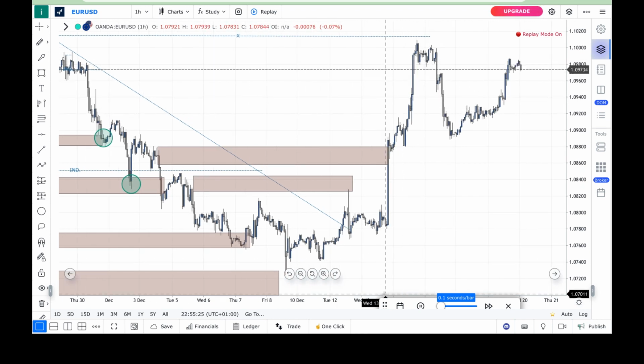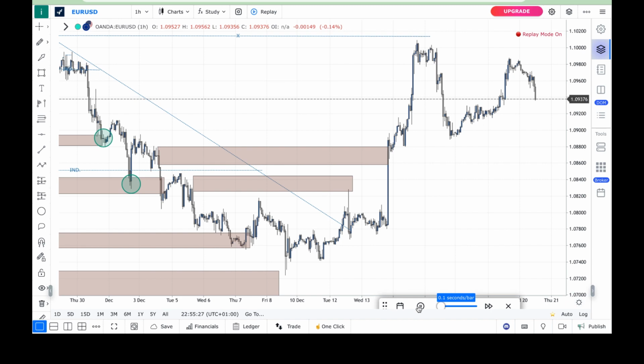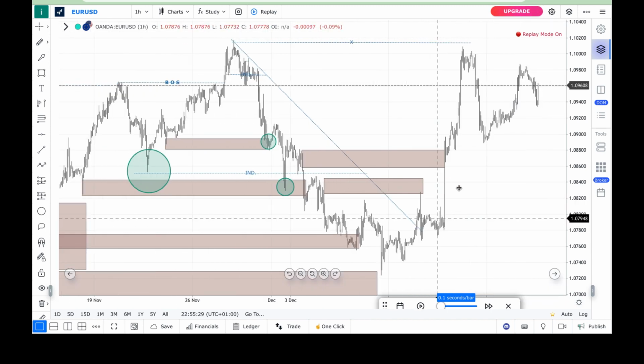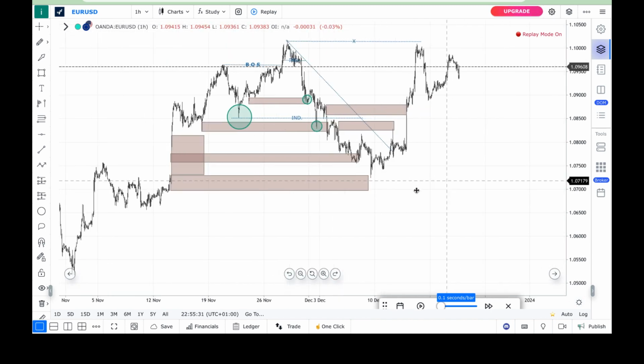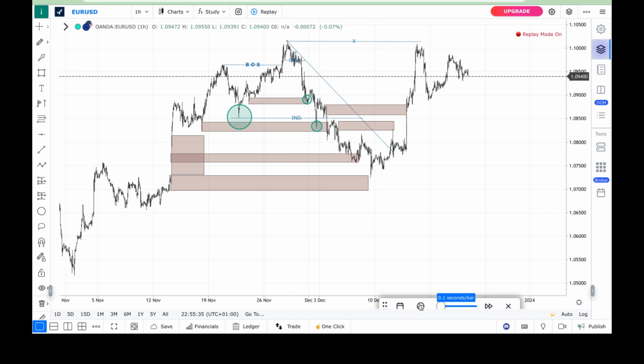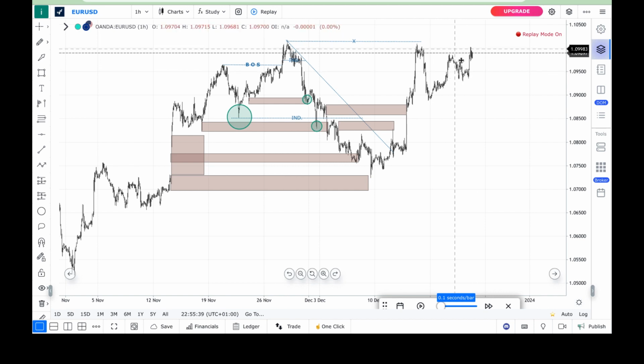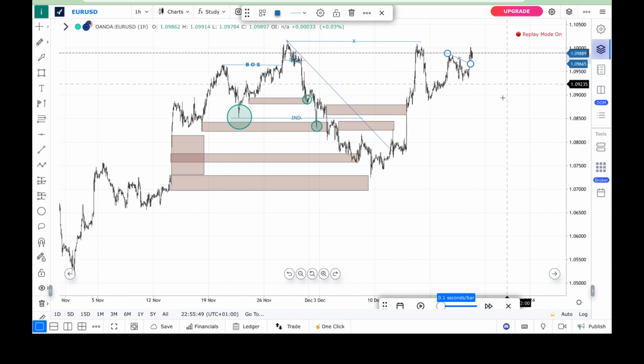So let's see what happens. Nice. Yes, it takes them out. It took out another set of traders here again, the trend line traders here. Took them out again.